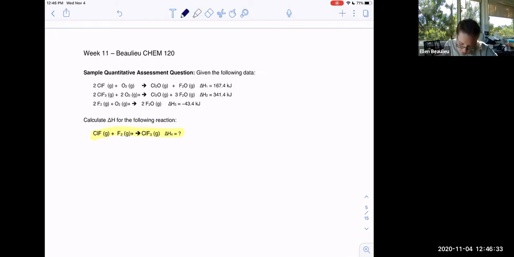So again, this is my net, and these are my possible steps. What's something in this reaction that's only found in 1 step? Call it out when you have it.